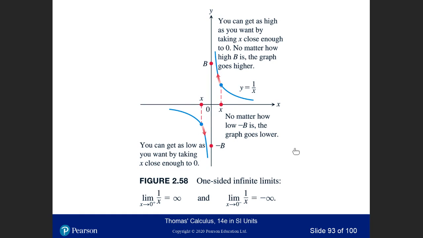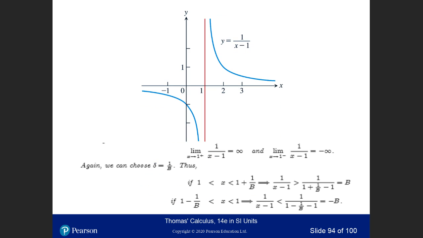So what I choose is 1 over b. For minus infinity, you choose minus b, and you can find a left interval around 0, so that my function value in this interval is less than the number you give me. Let us show this algebraically.